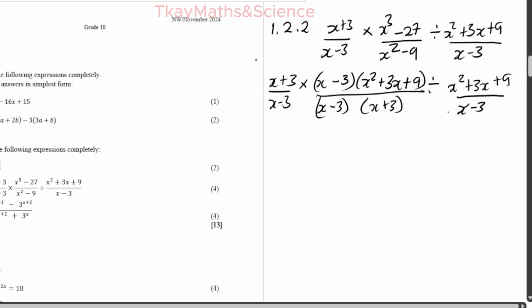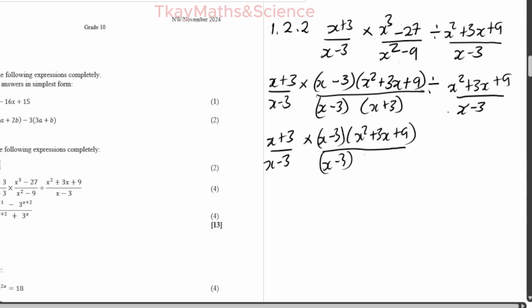Let's just take this x plus 3 over x minus 3, that is times x minus 3, then x squared plus 3x plus 9, all over this x minus 3, then x plus 3.